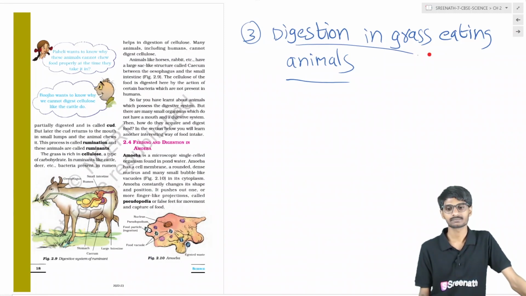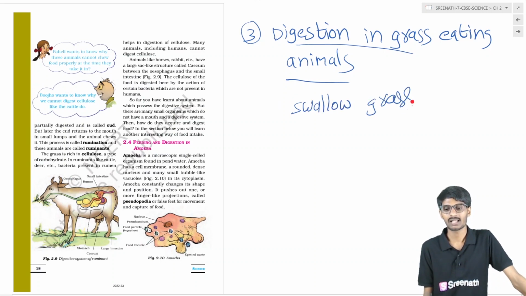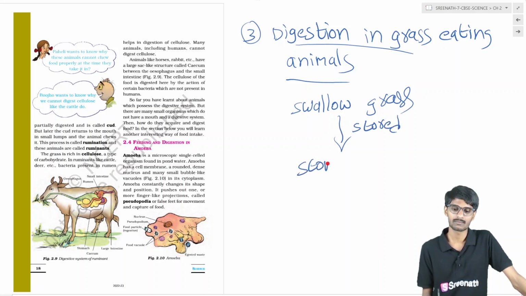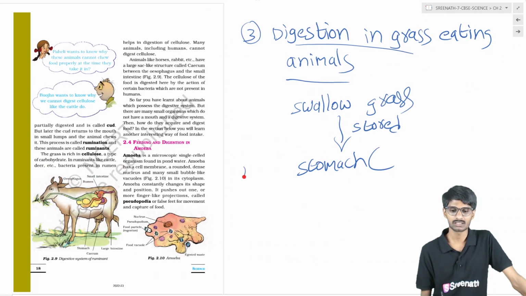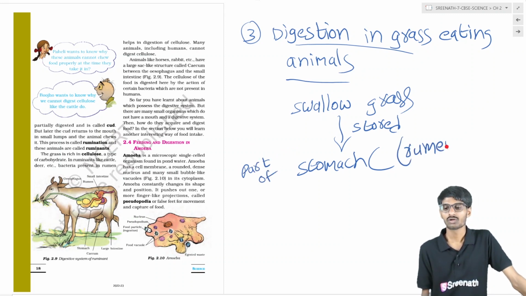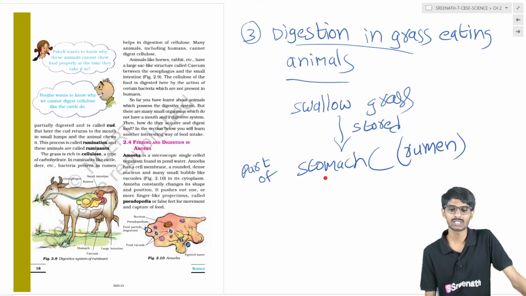So in the beginning, they swallow grass, and it is stored in a part of the stomach. We call it the rumen.